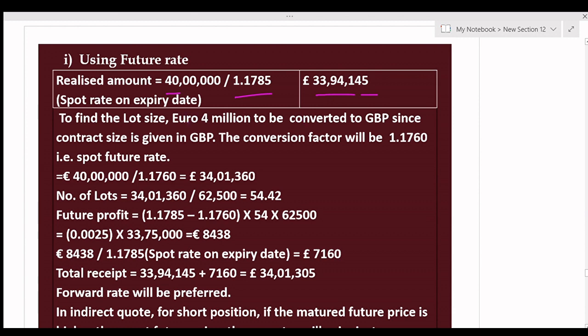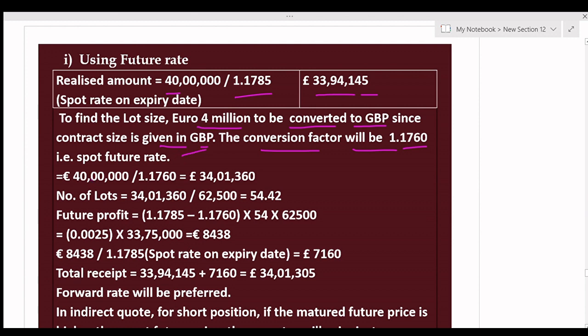To find out the lot size, euro 4 million is to be converted to GBP, since the contract size is given in GBP. The conversion factor will be 1.1760, that is the spot future rate.